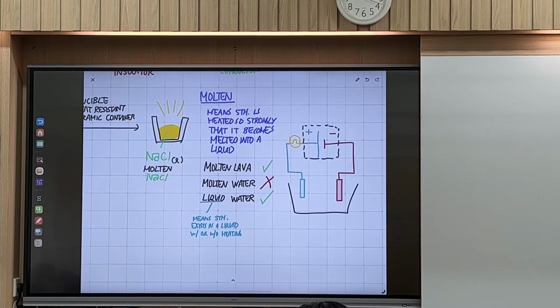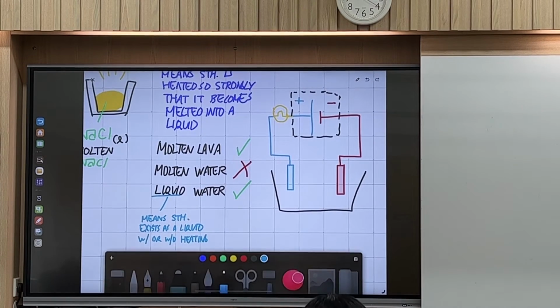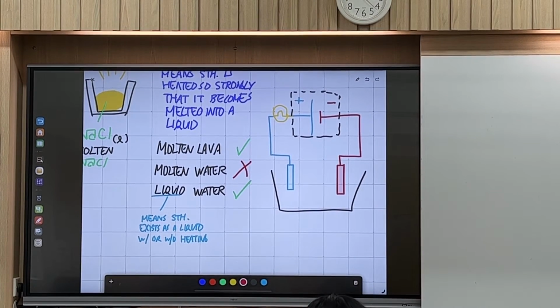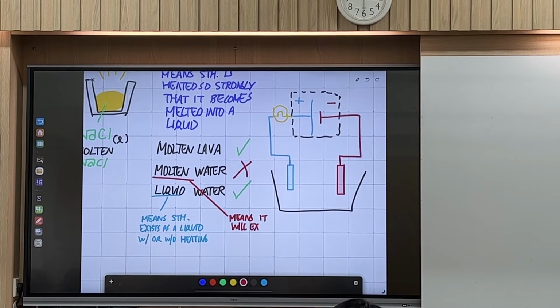But molten means it will only exist as a liquid when it is heated, and it will solidify when it cools.